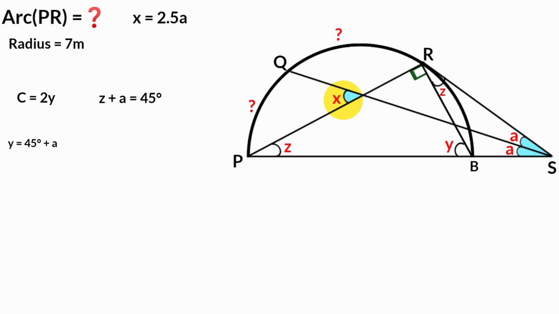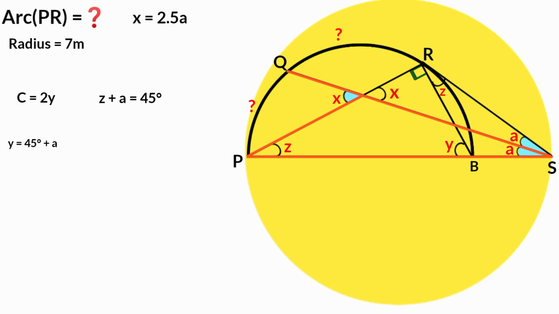Look at this angle X and this angle here. They both are formed by two straight lines intersecting. That means they are vertically opposite angles and are equal. So since this is X, this must also be X. Now still on this angle, if you look, it is an exterior angle of this triangle.